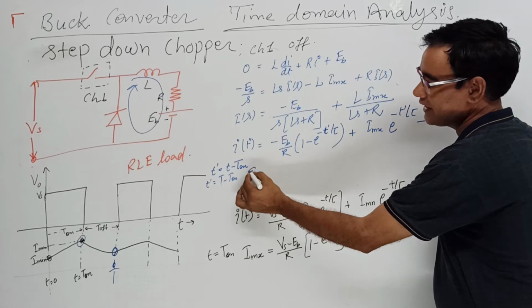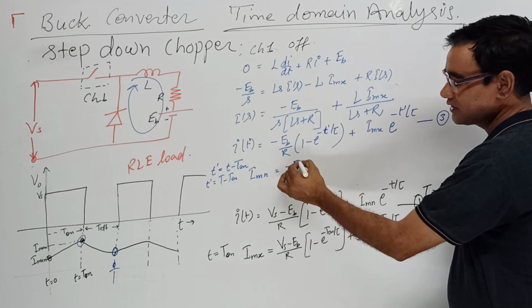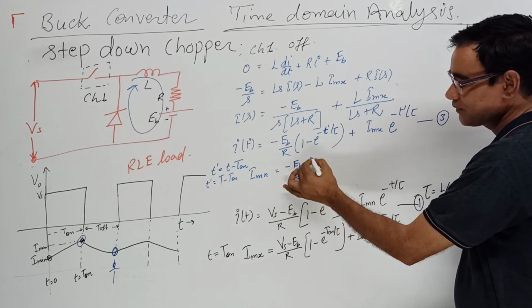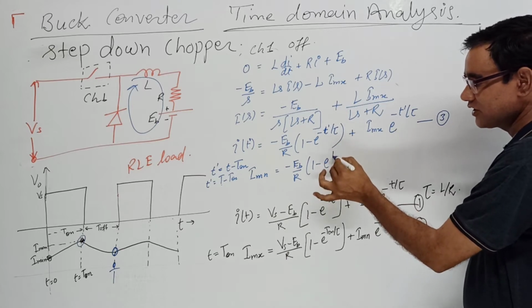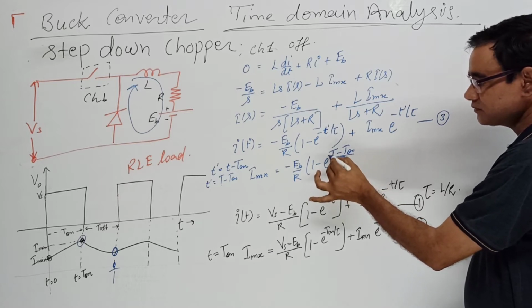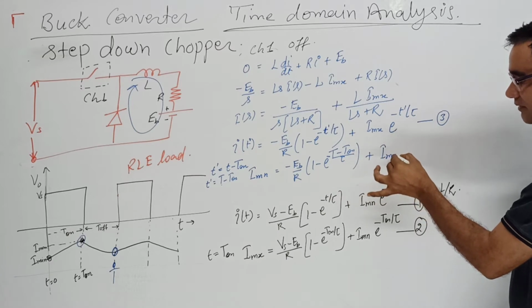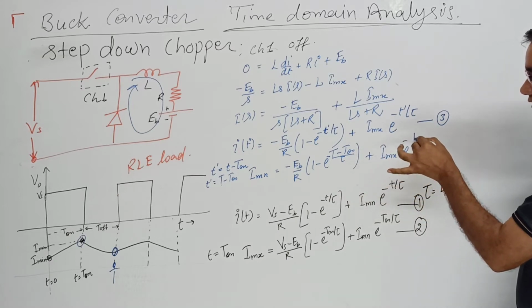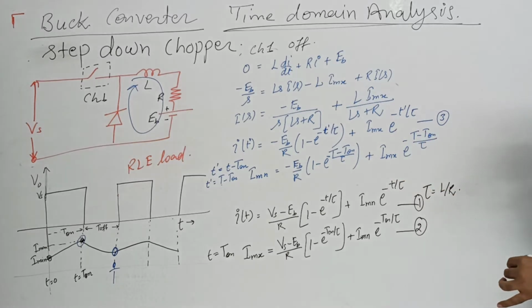So I minimum is equal to minus Eb divided by R times (1 minus e raised to power minus (T minus T on) upon tau) plus I maximum e raised to power minus (T minus T on) upon tau. So this is equation number 4.